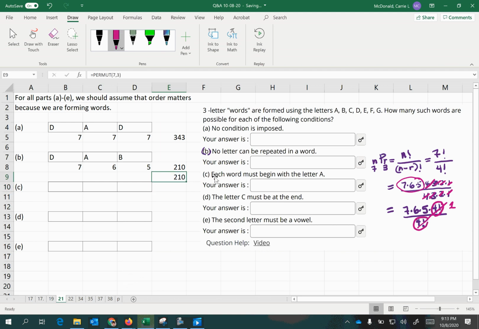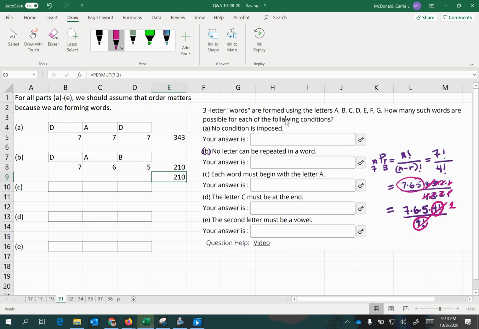For part C, it says each word must begin with the letter A. So we're starting back as if we just read the beginning, that 3-letter words are formed using these 7 letters.